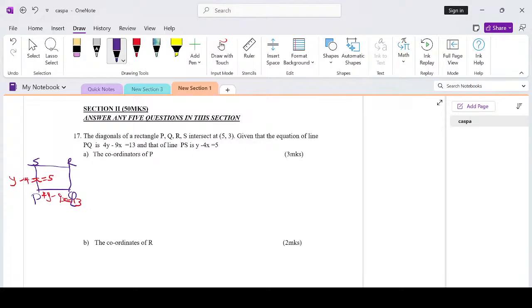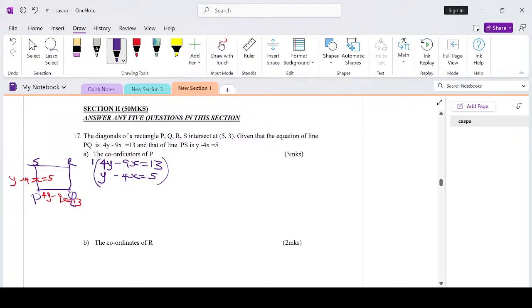If you look at point P, it is the intersection of line PQ and PS. So to get the intersection point between the two lines, we simply solve the two equations simultaneously. The first equation is 4y minus 9x equals 13. The second is y minus 4x equals 5.